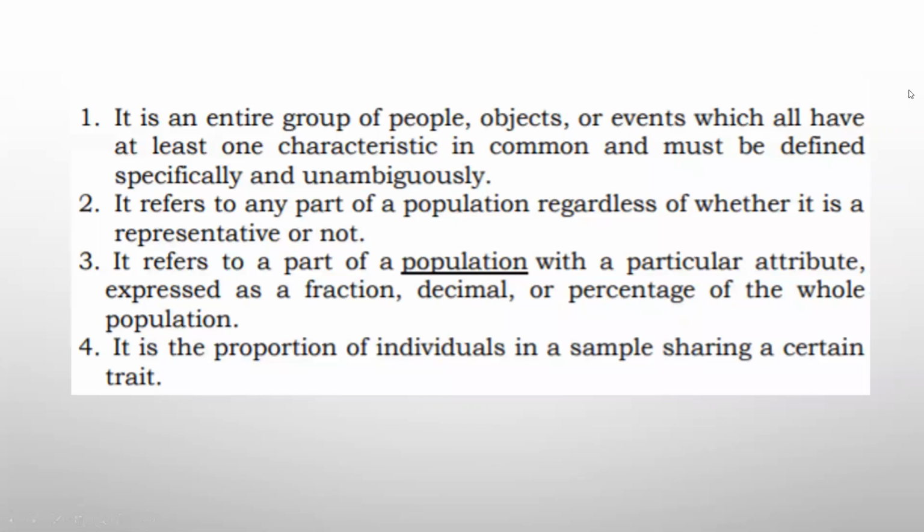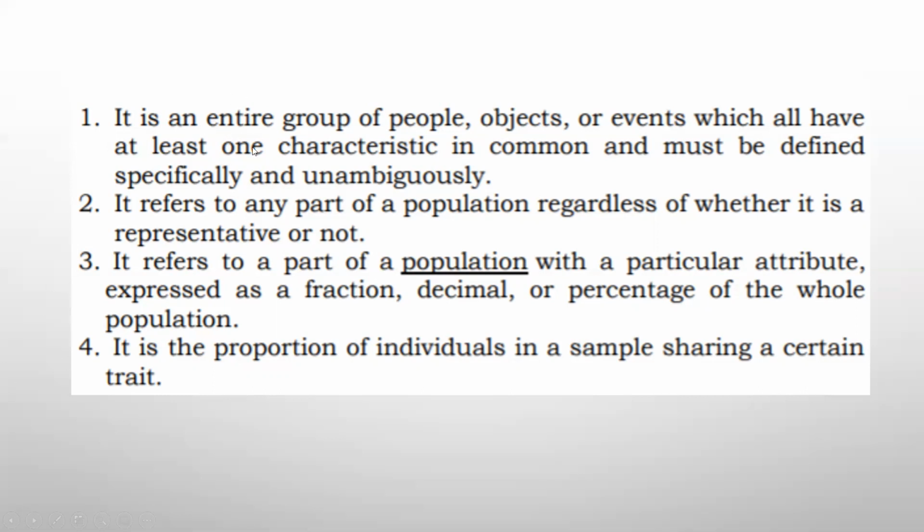Iba-iba yan. Balikan lang natin. It is an entire group of people, objects, event. Can you please tell me kung ano to? It is the entire group of people, objects, or event which all have at least one characteristic in common and must be defined specifically and unambiguously. So ano yan? Sa mga terms na pinagdaanan natin, ano kaya yan?